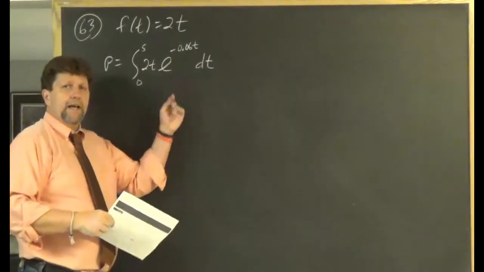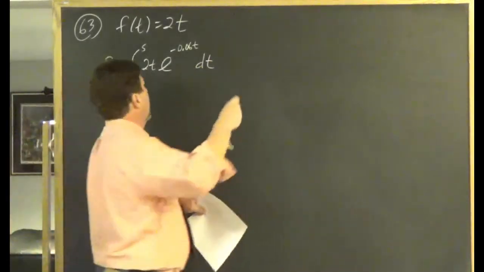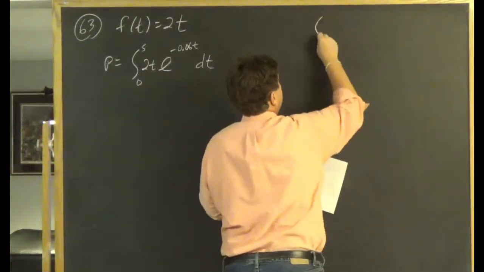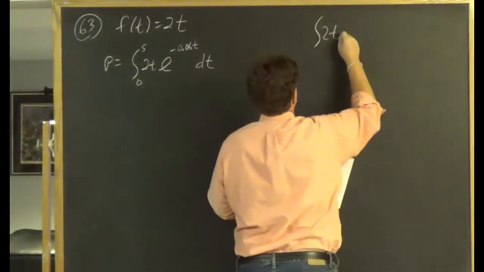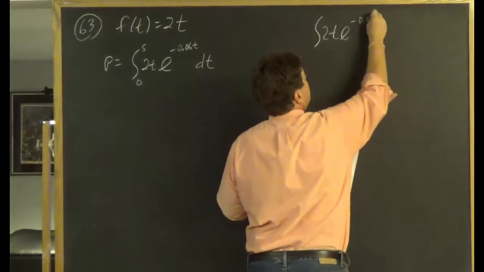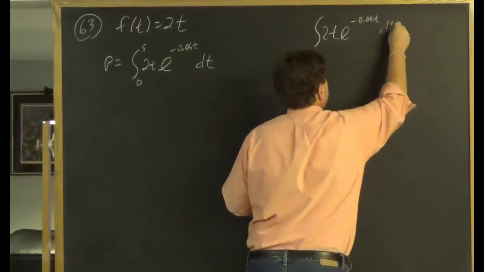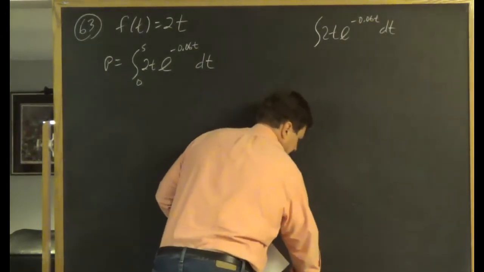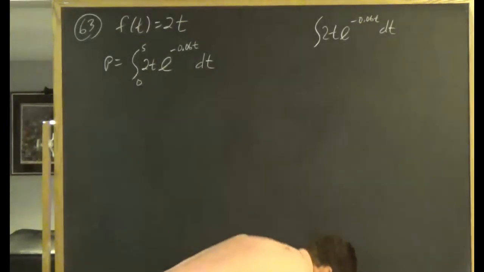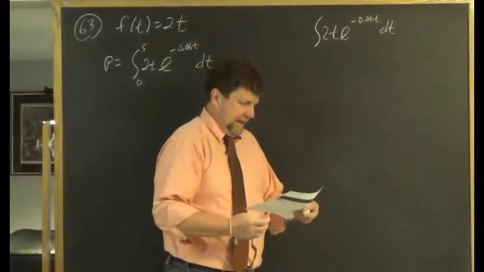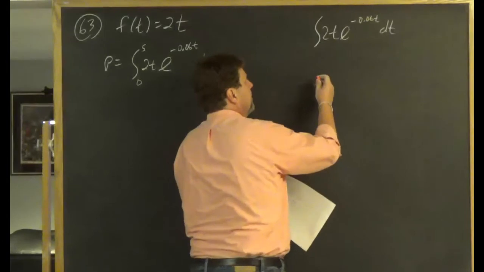So I need to get an antiderivative for this. Just like the last one, I'm going to come off to the side to compute the antiderivative. A classic integration by parts.